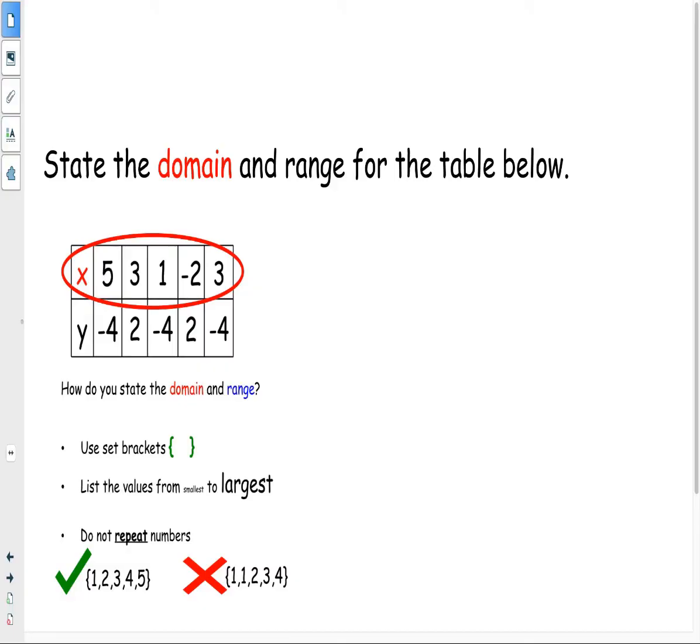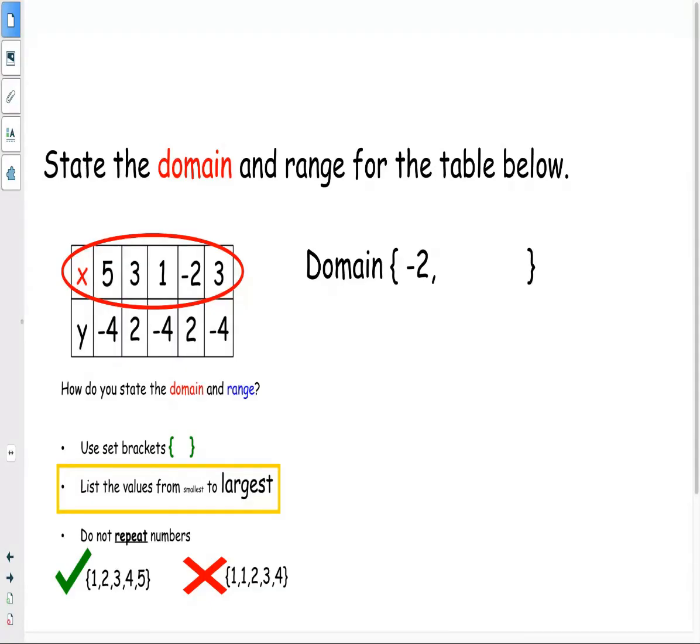So we go back to our notes to see how we state domain and range. We know we need to start off using brackets. So we set up our domain in our two brackets. Then we're going to list the values from smallest to largest, least to greatest. I know that when I'm looking at my x values, negatives are always going to be my smaller numbers. So that's actually what's going to start us off, that -2.